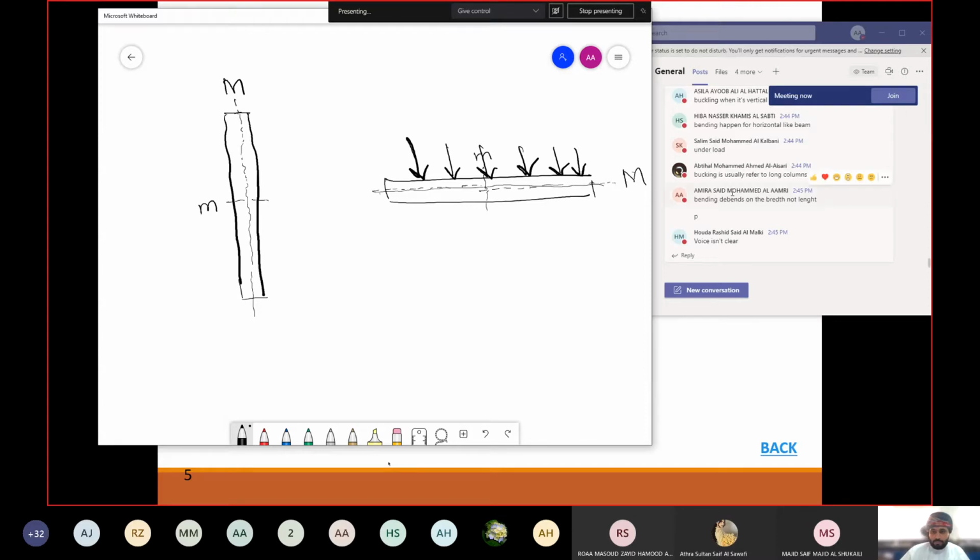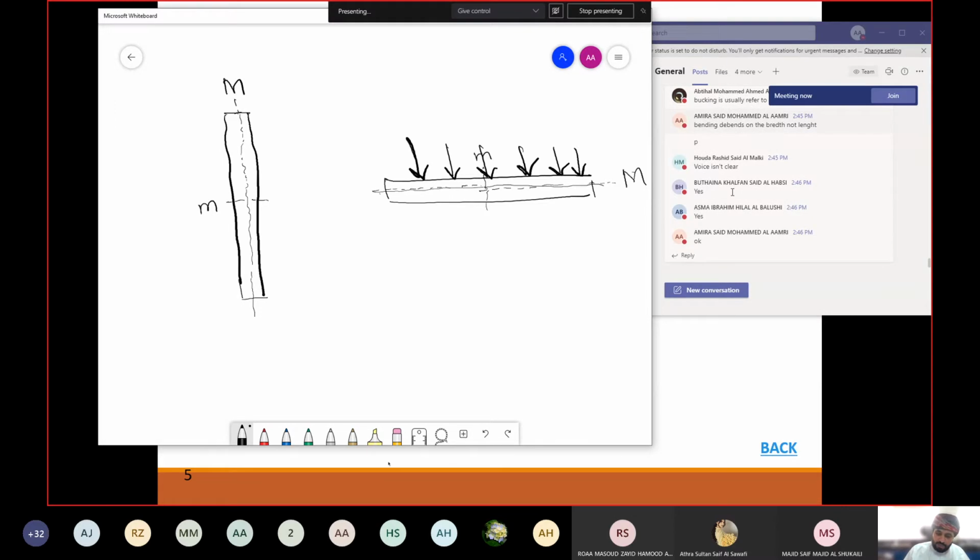Are we fine? So here, failure is mainly going to happen due to bending. The element is going to bend.